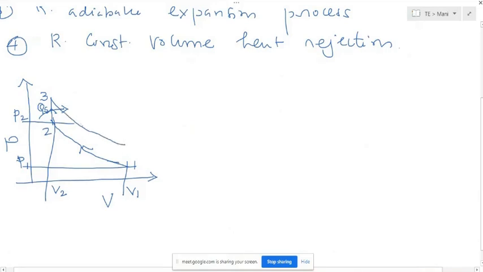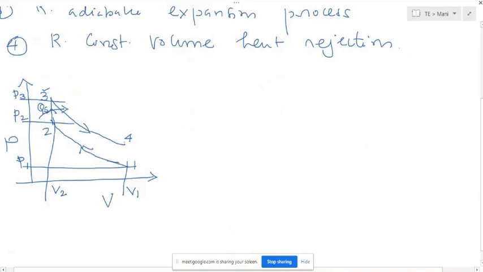Expansion means the volume gets increased and pressure gets decreased. This is the maximum pressure, which we can say is P3. From P3 it decreases to 4. The pressure gets decreased in the expansion process and the volume also increases.